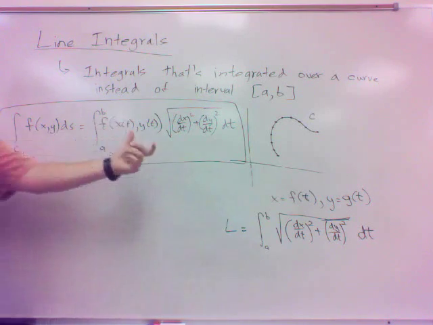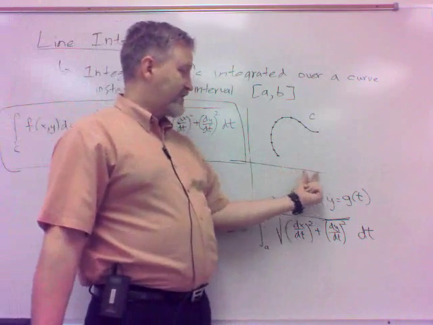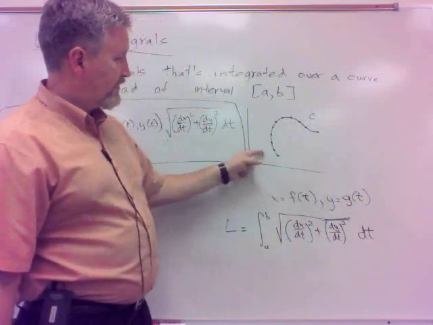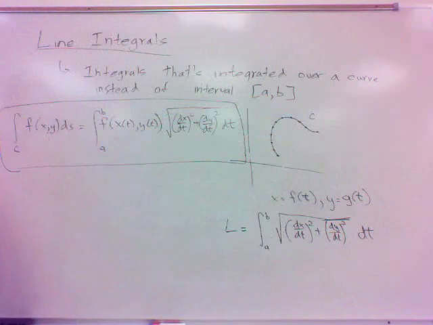Instead of incrementally in terms of x, we're doing increments in terms of that curve there. All right. So let's just do a couple and see how we evaluate them.